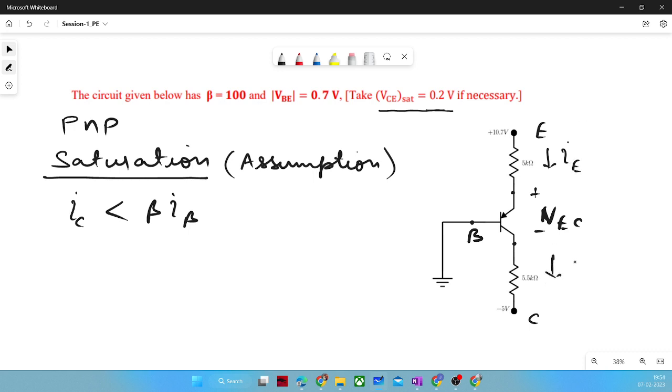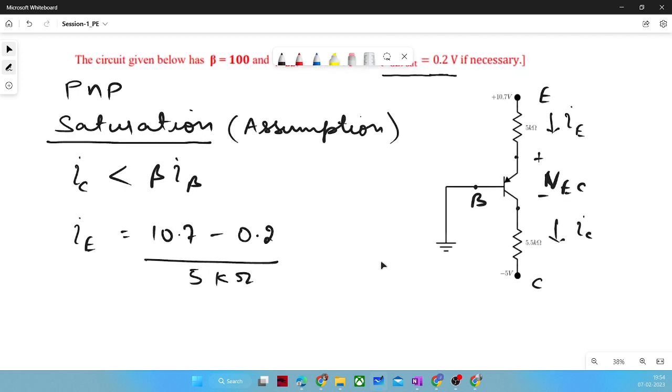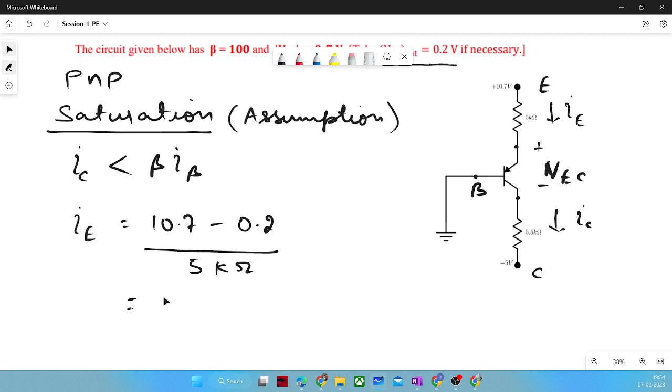So if we are considering it is working in saturation mode, VC sat we can take as 0.2 and we can compute IE is equal to 10.7 minus 0.2 divided by 5 kilo ohm. So that will lead to the value of 2 milliamperes.